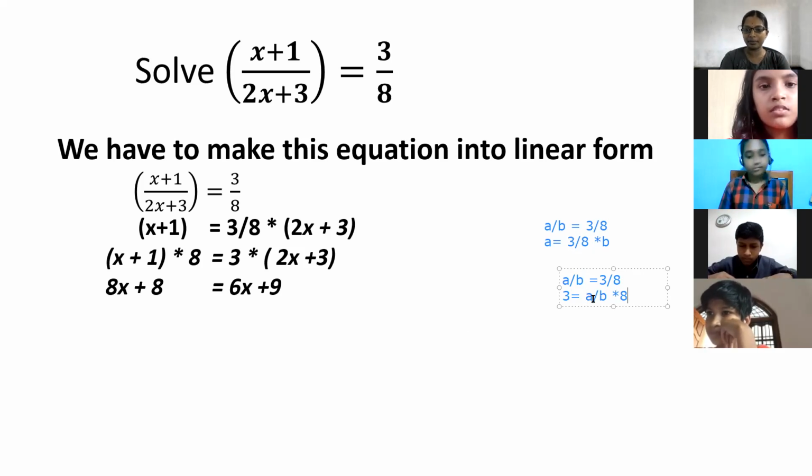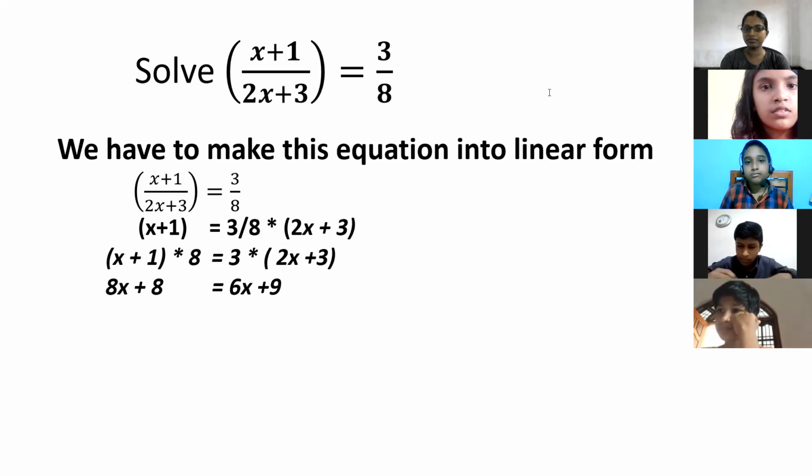Here in the place of a by b, a is x plus 1 and b is 2x plus 3. And we are just moving this divided by 8 into RHS. Then what do we get? That's why I'm writing x plus 1 into 8 is equal to 3 into 2x plus 3. Is it clear now?